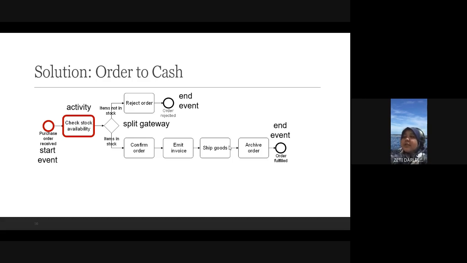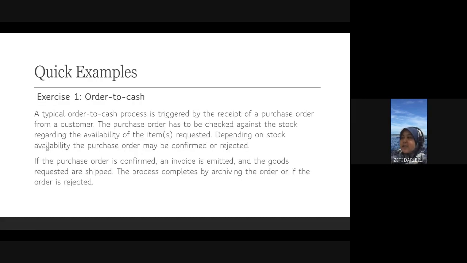Order to cash. So kita dah ada lah ni start event. Purchase order received. So kalau macam tadi tu purchase order received, you boleh anggap dekat mana dia trigger. Cuma tadi dalam senario ni dia tak mention sales officer ke sales clerk ke, at least dia cuma ada customer saja.